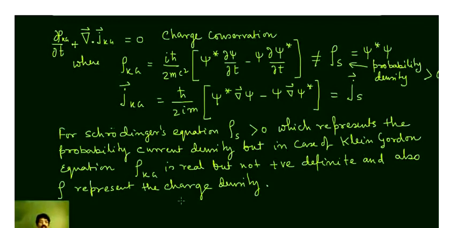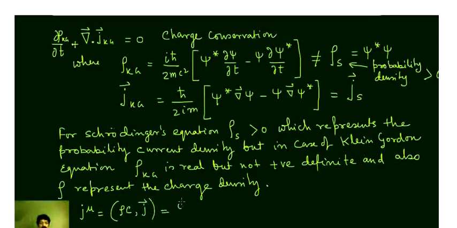Now if you want to write J mu in the covariant form, J mu will be rho c, this is the time component, and this is the space component, the 3 vector.